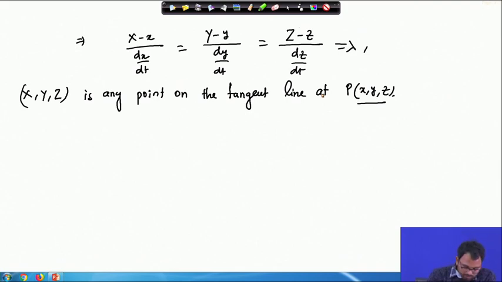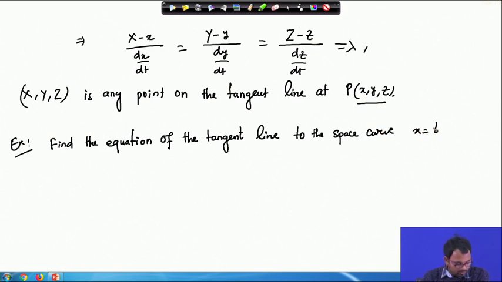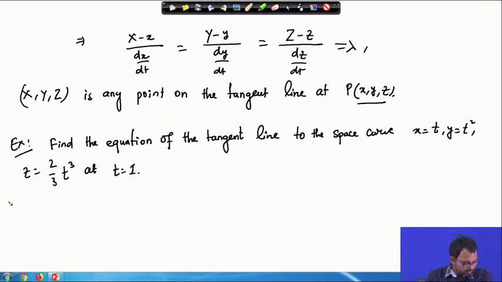So, example, find the equation of the tangent line to the space curve x equals t, y equals t square and z equals 2 by 3 t cube, at the point t equals 1, right.